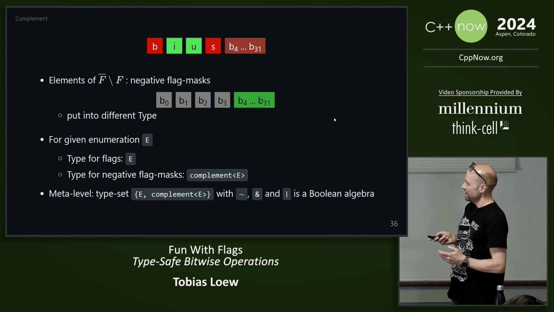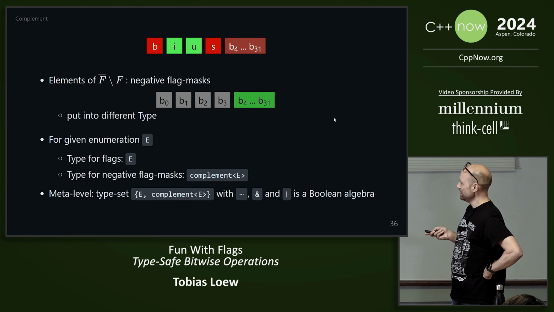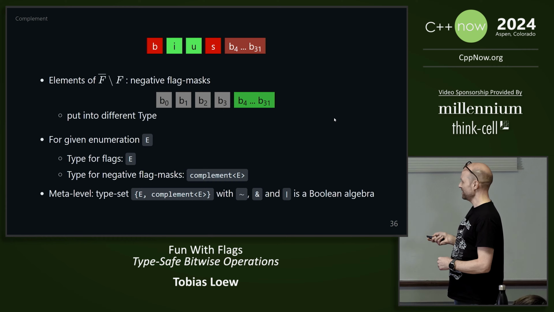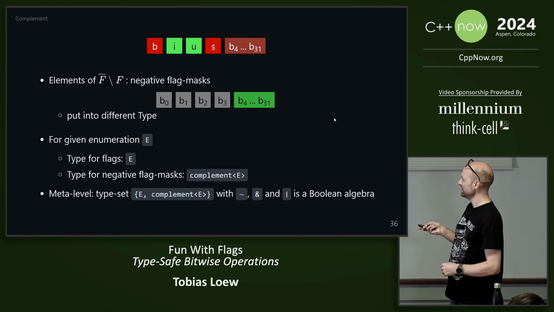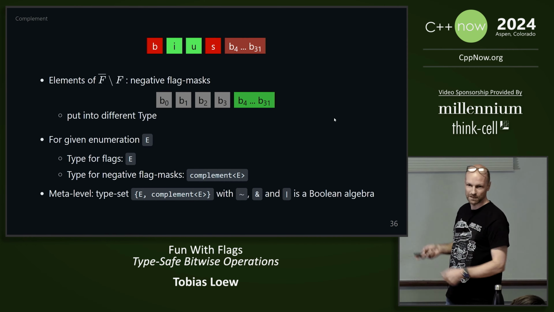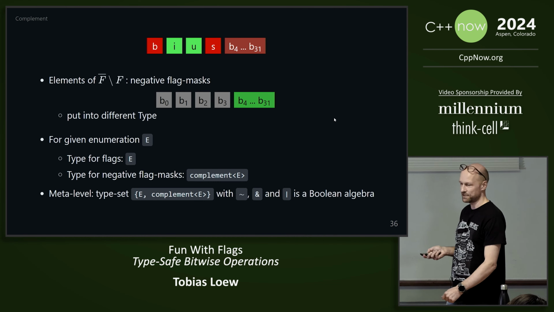And if we look at the meta level, the type set E and complement E together now with negation and or is a simple Boolean algebra. Negation flips from E to complement of E and back, and AND takes E and complement E down to E, and the OR goes up to the complement.